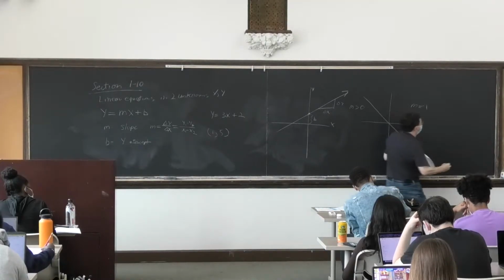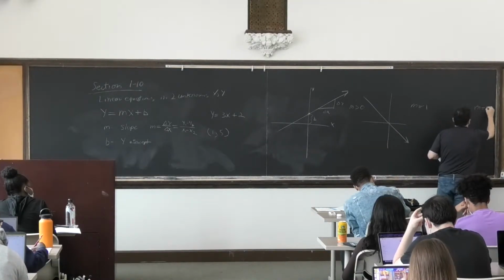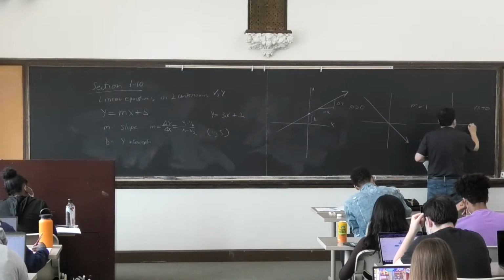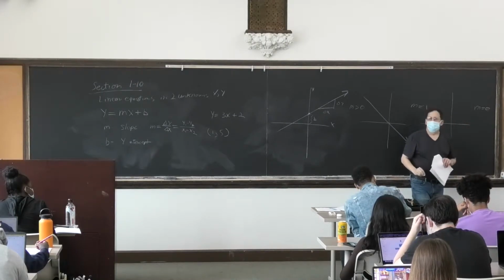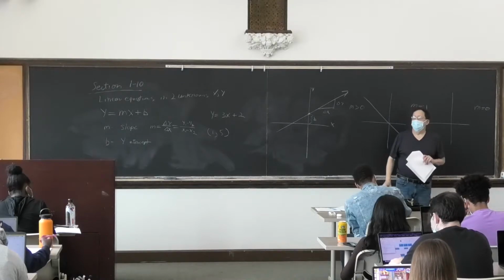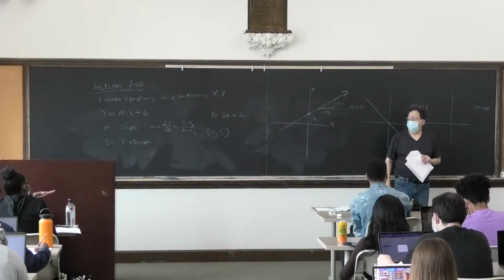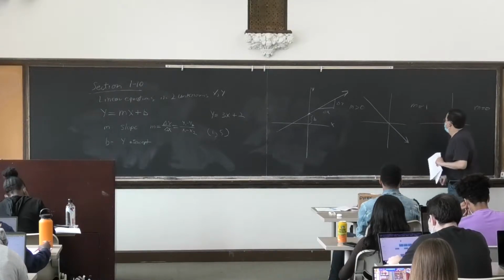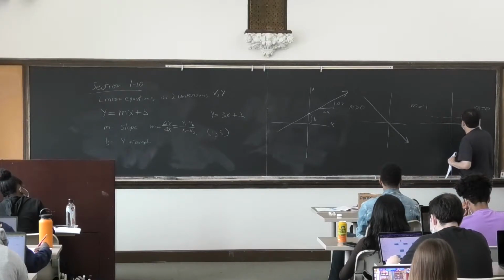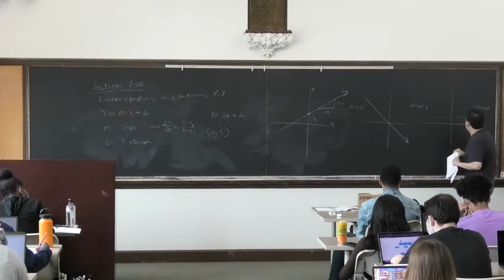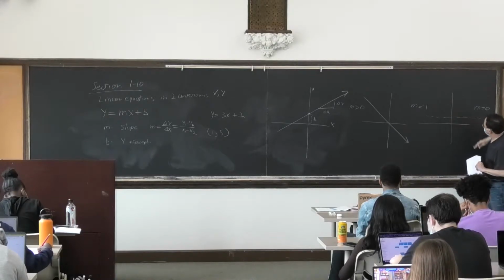M is 0. What happens if m is 0? That was the worst drawn horizontal line I've ever done.